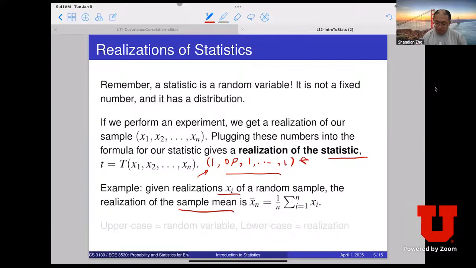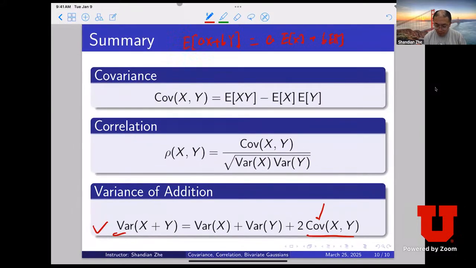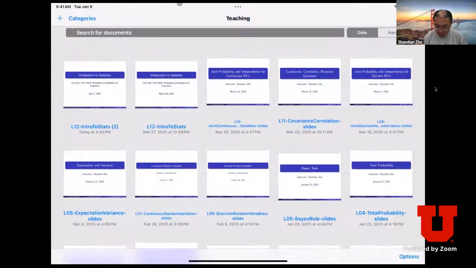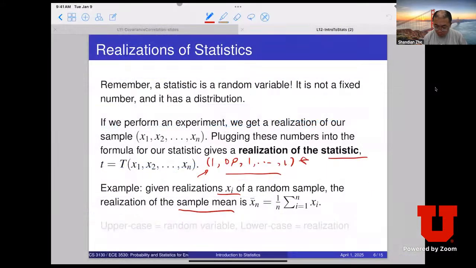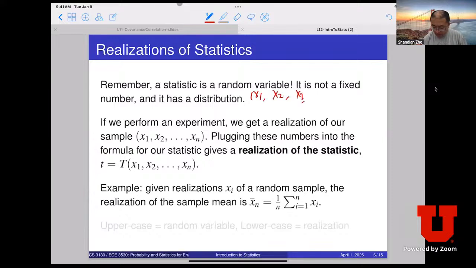To be more concrete, suppose I have a random sample of size 4. This random sample consists of 4 IID random variables representing the outcome of flipping a coin 4 times.